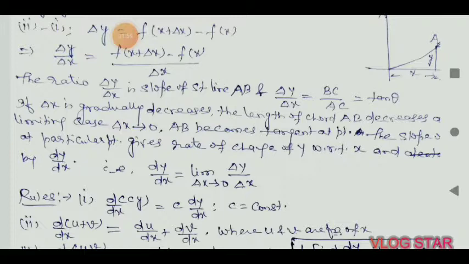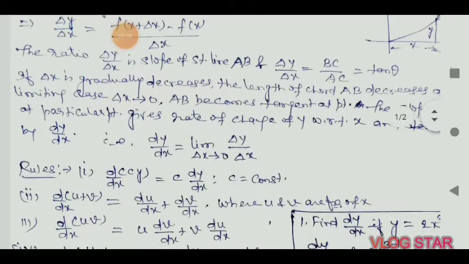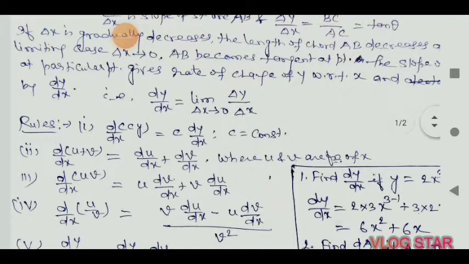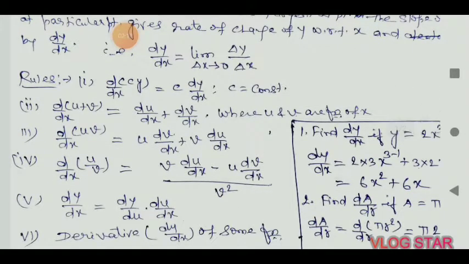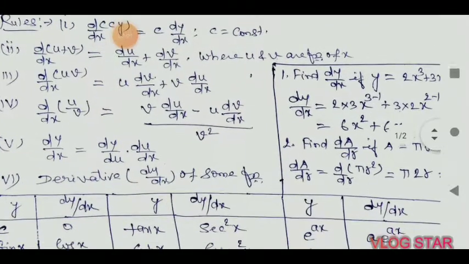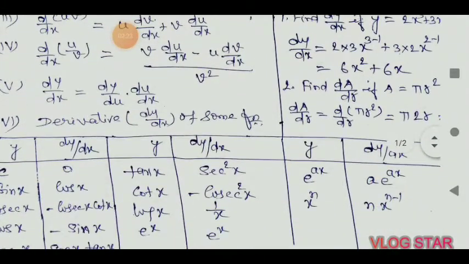That is, dy by dx is equal to the limit as delta x tends to 0 of delta y by delta x. Now there are some formulas which we will utilize to find out the differential coefficient of variable y with respect to x. Okay, we will use them here to find out the value.